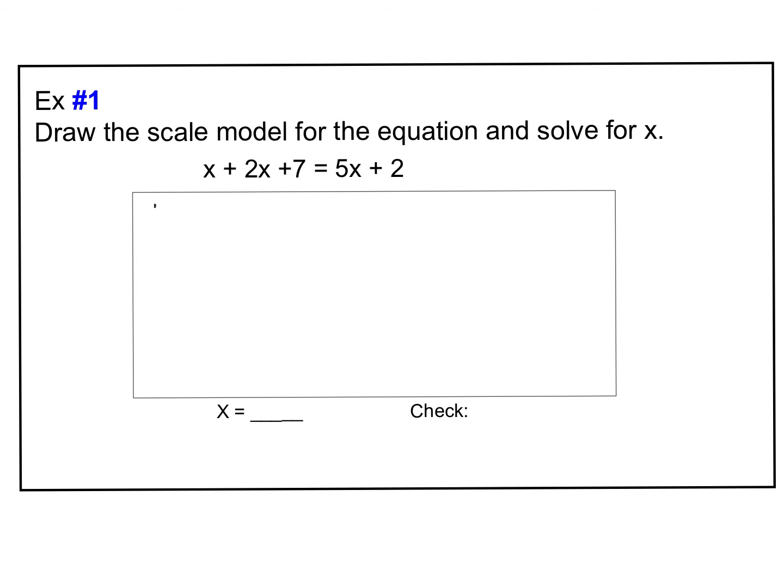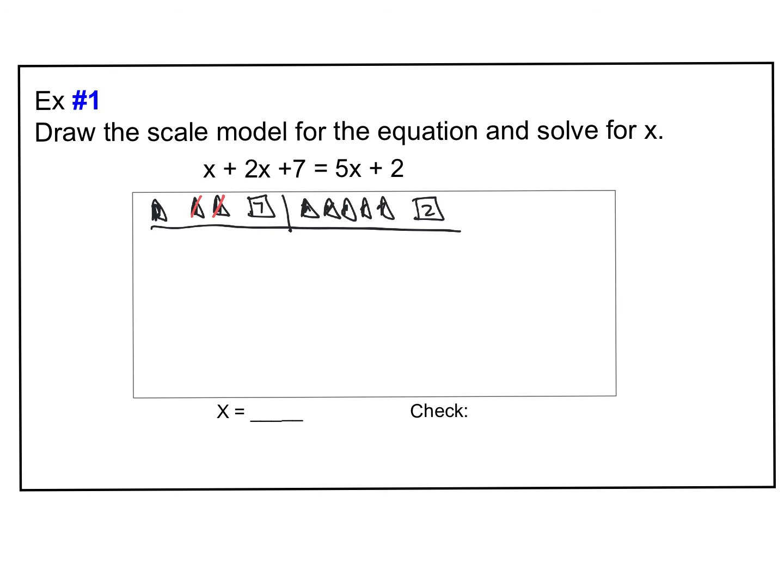So I'm going to go ahead and draw out my x plus 2x plus 7 is going to be balanced with 5x and 2. I'm going to go ahead and opt to remove triangles first.